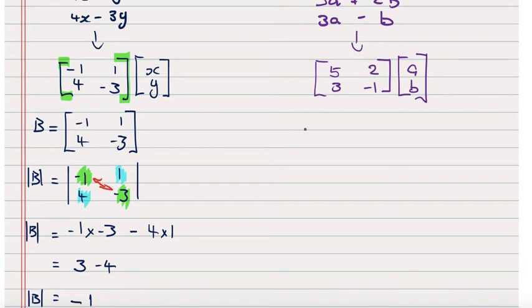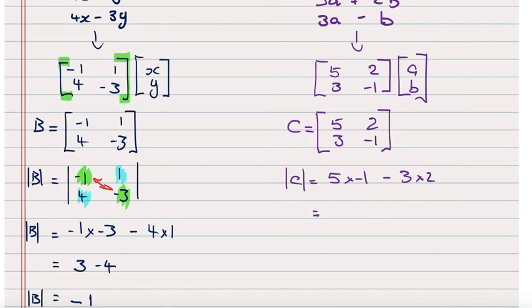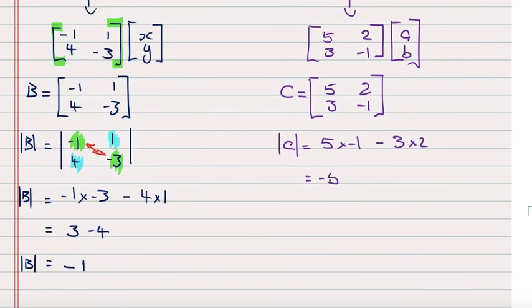We'll call this matrix C, and the magnitude of C is 5 times negative 1 minus 3 times 2. This evaluates to negative 5 minus 6, so the magnitude of matrix C is negative 11.